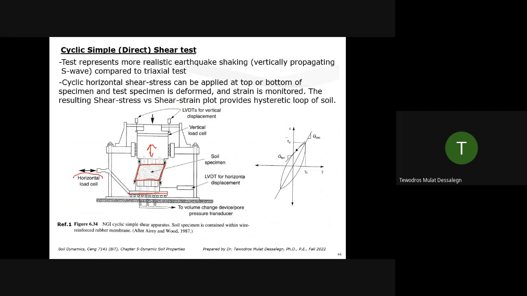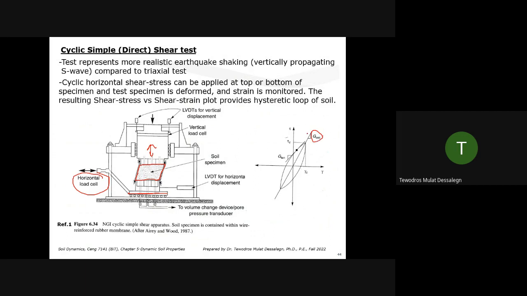This is a horizontal load cell. You see it laterally moving. So it's a shear load on the soil sample. We do have many recordings, displacement, strain, and we get the output hysteresis loop. But in this case, because it's shear strain and shear stress, the slope is directly the shear modulus.